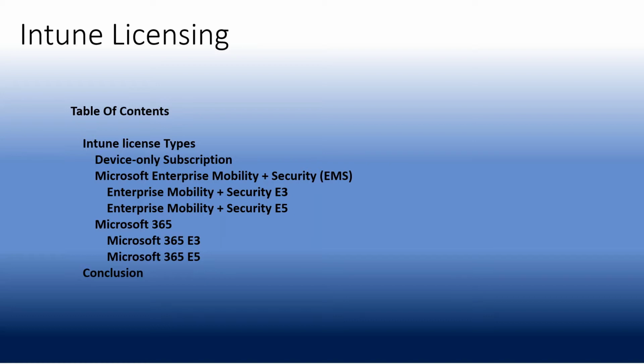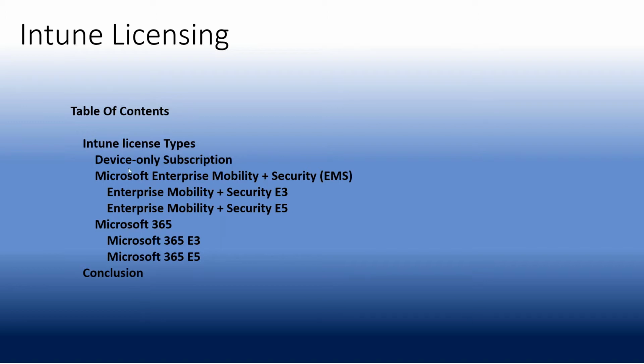Holistically, we can divide Intune licensing into three types. The first type is called device only subscription. The second type is Microsoft Enterprise Mobility plus Security, EMS. The third type is Microsoft 365.